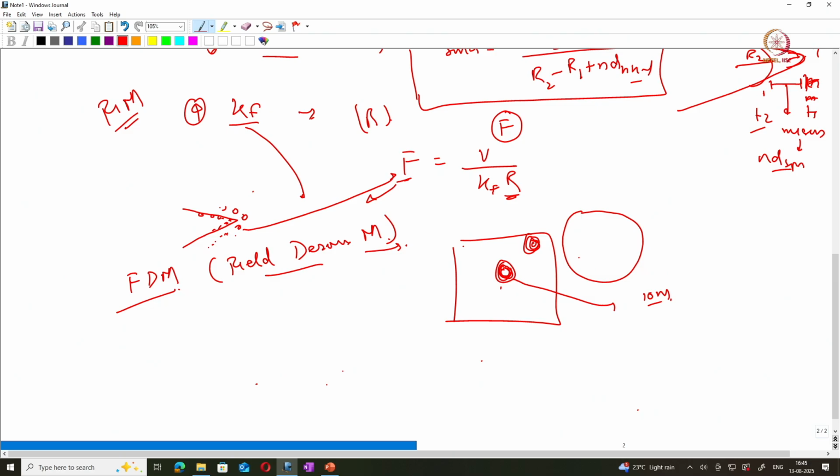Remember, in FIM you are actually creating an image from an imaging gas, but in FDM your atoms are ionized and get desorbed directly from the surface of the specimen. So these also can have concentric rings, the appearance of ring structure around the main poles.